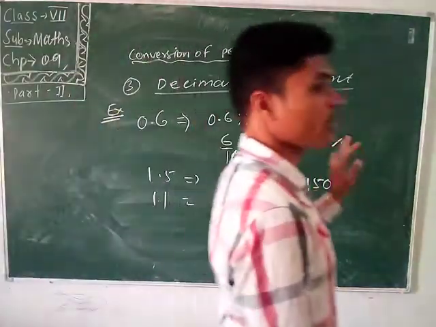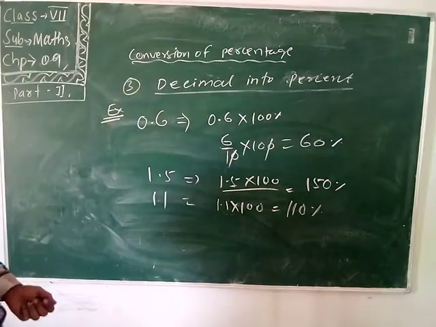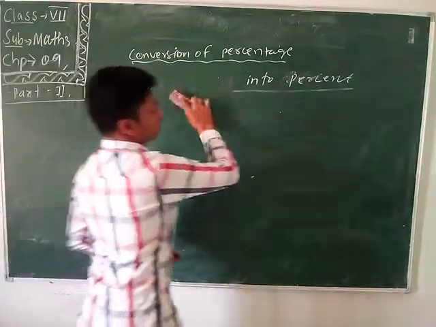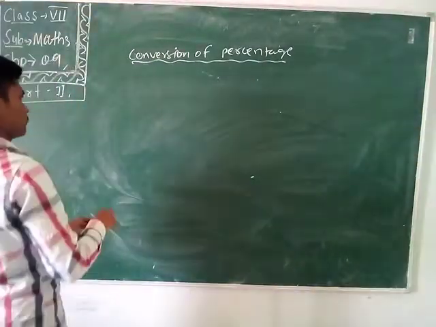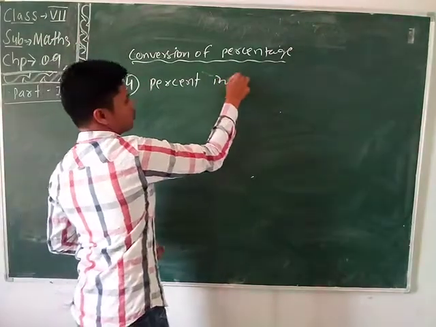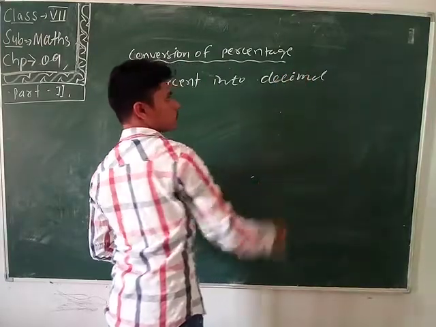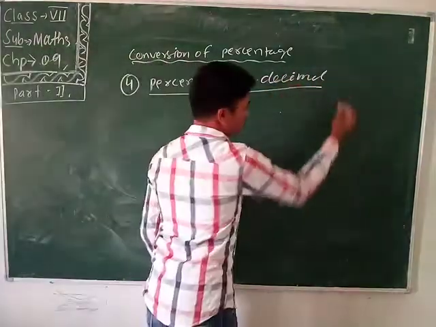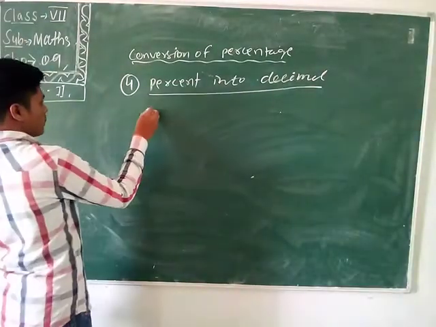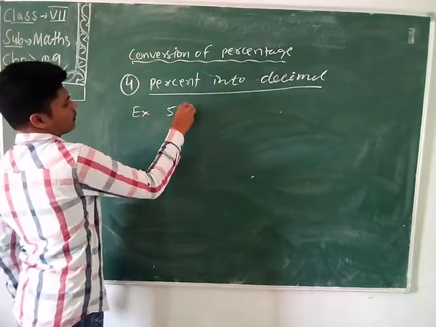How can we convert percent into decimal? Number 4 is percent into decimal. Suppose we take 5%.